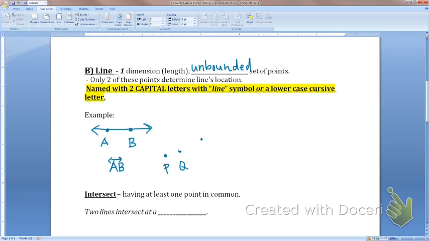P, Q, and R. Remember that a line is named with only 2 letters. So it doesn't matter which 2 letters that you choose. So we could say that this would be line PQ. I could say that this is QR. We could also say that this is line PR.